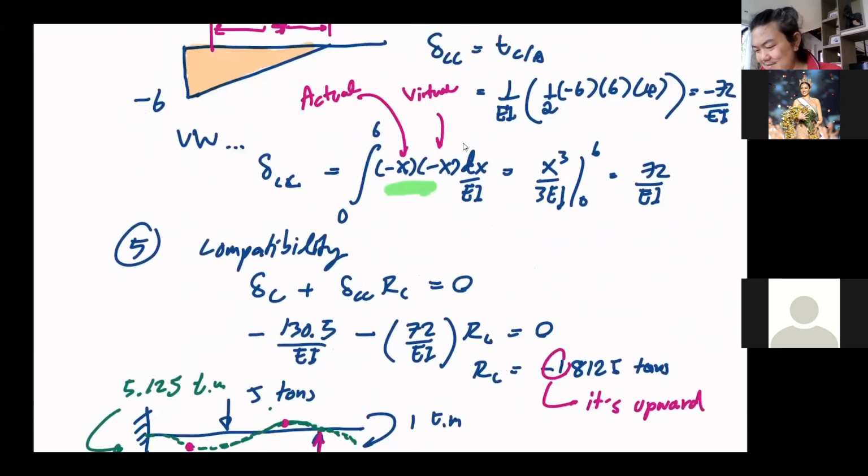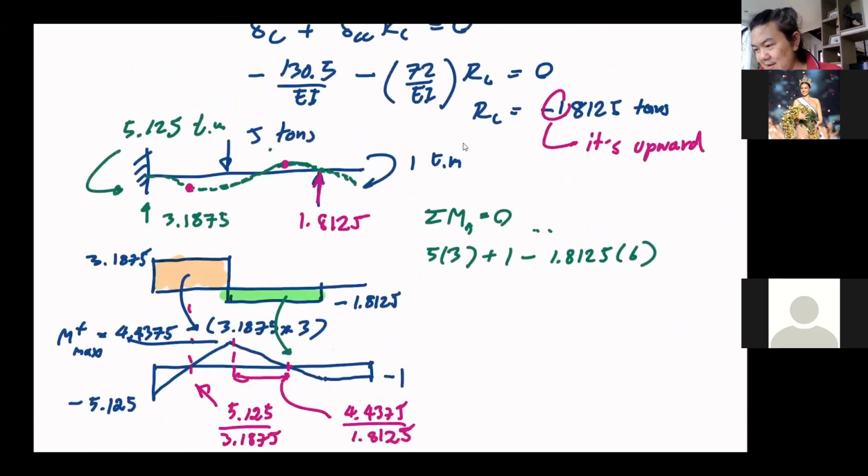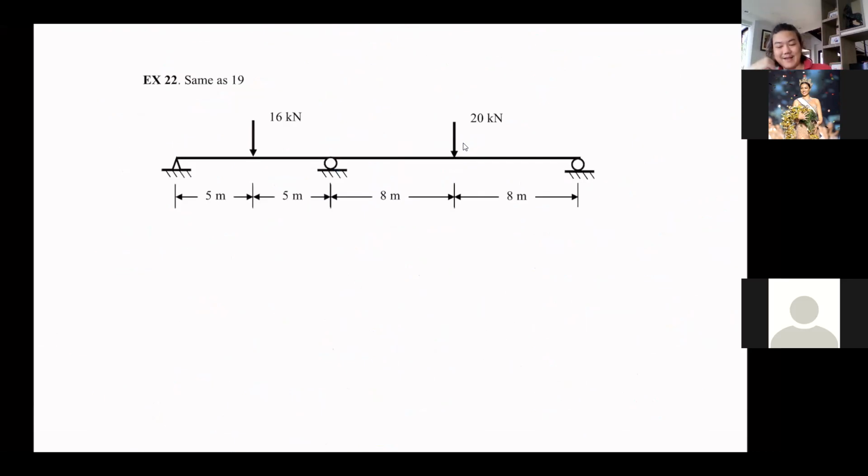So I'm not going to do that conjugate beam method for you, but part of this problem is just to demonstrate that sometimes using the conjugate beam is better because we have so many point loads, and your moment diagram is going to be chopped into pieces.